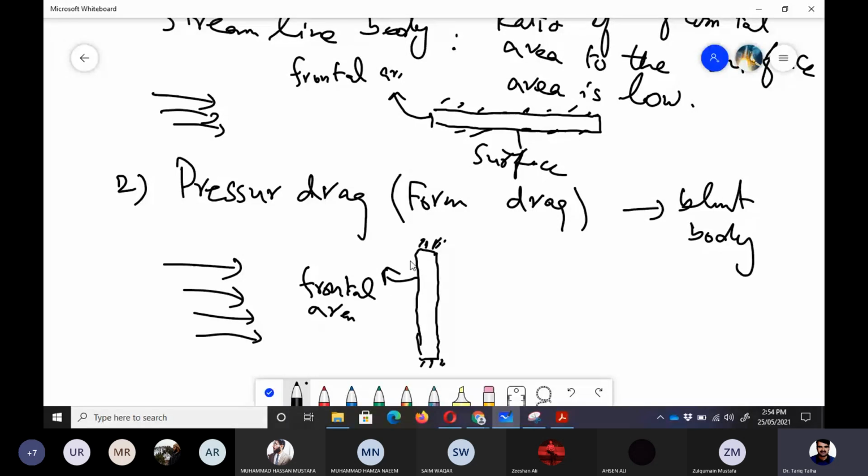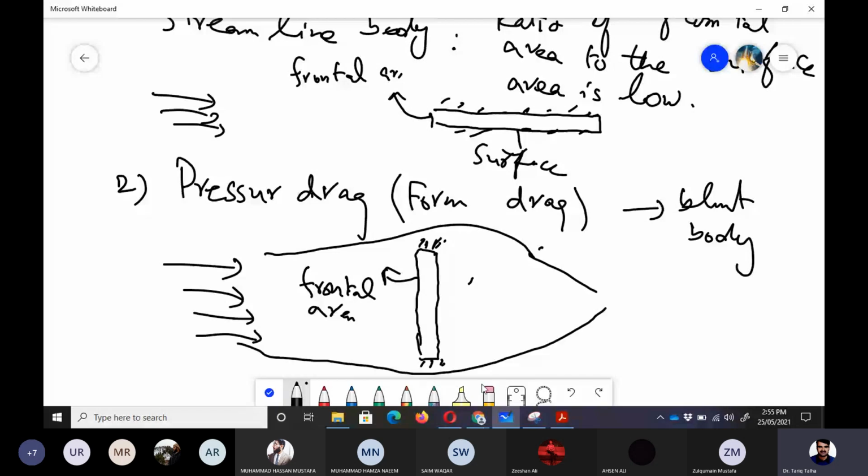So in this case, the ratio of frontal area to the surface area is more. That is the blunt body, and due to that, some kind of flow separation occurs at the back end. This is the region where we have the flow separation region.